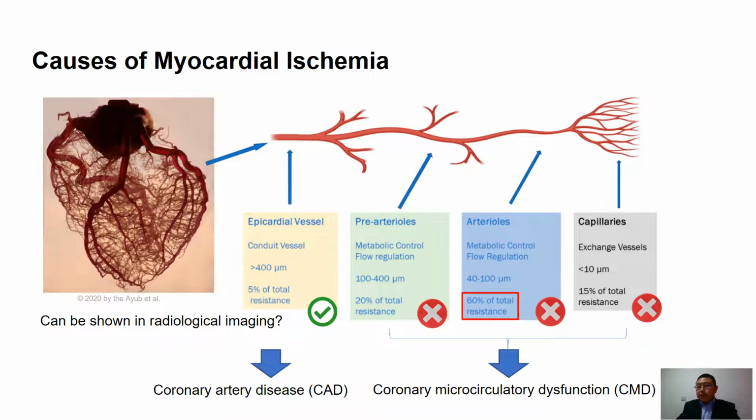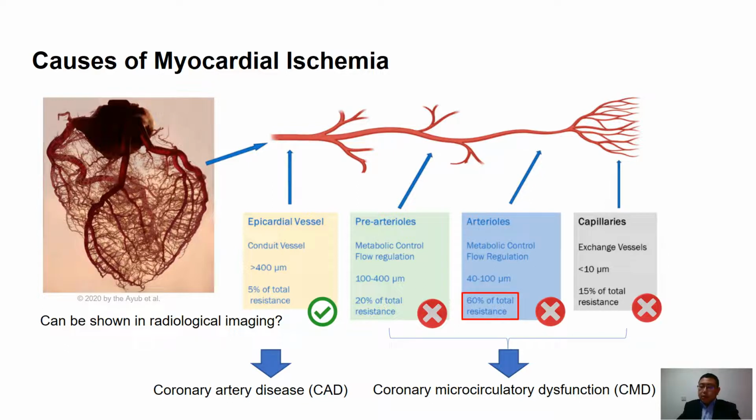However, despite the fact that the microcirculation contributes over 90% of total flow resistance in coronary circulation, it could not be shown in clinical radiological imaging. The coronary microcirculation is still a huge black box for us.